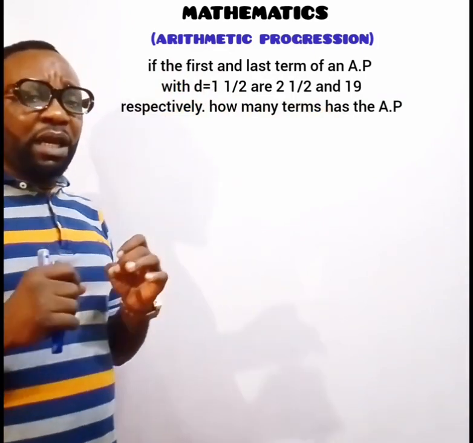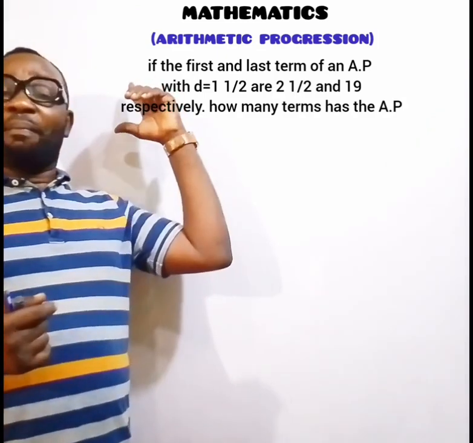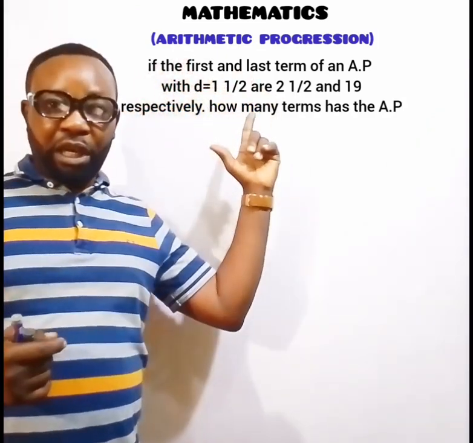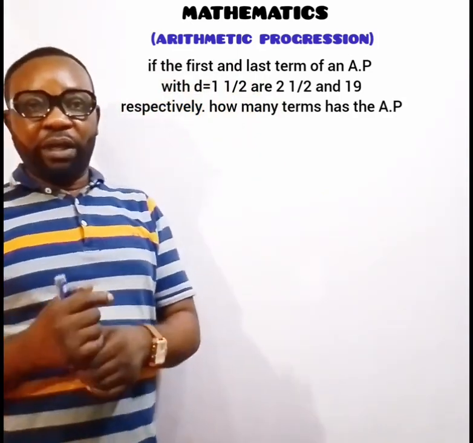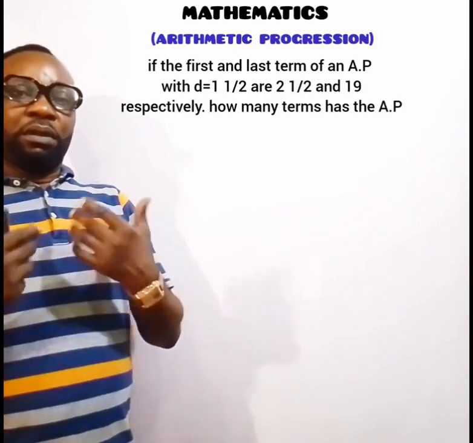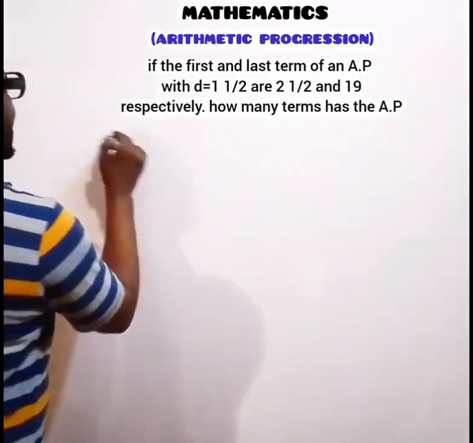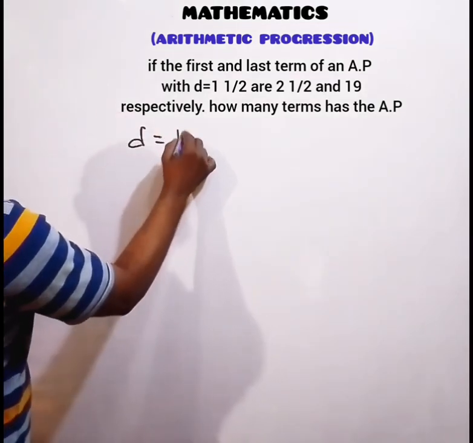You can see that the common difference comes in between, but the question has mentioned those values initially, and it now gives the values to follow one another accordingly. Now, the common difference here is d is equal to 1 whole number 1 over 2.